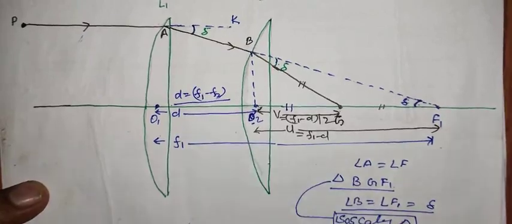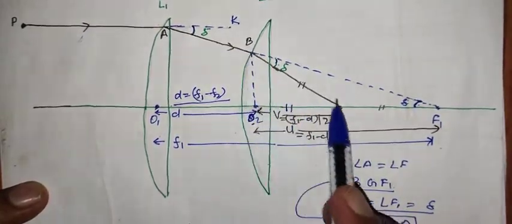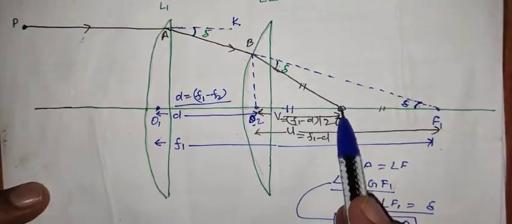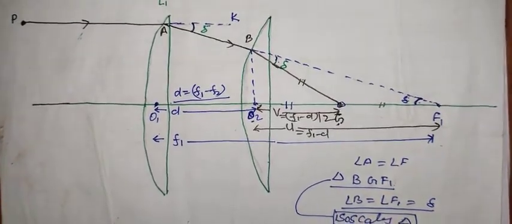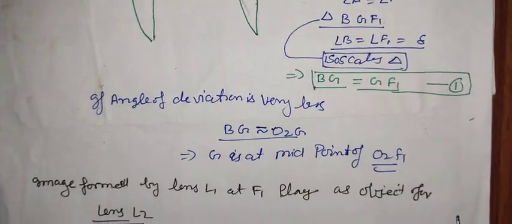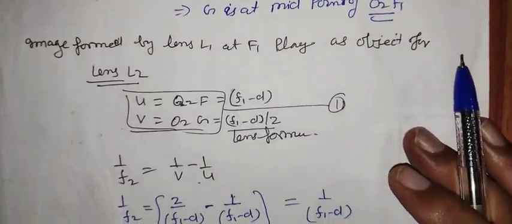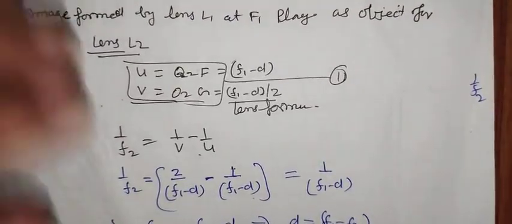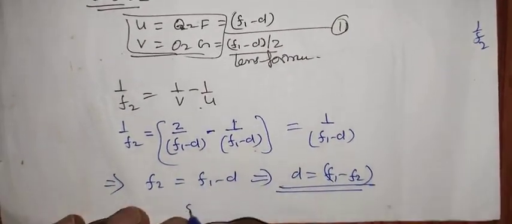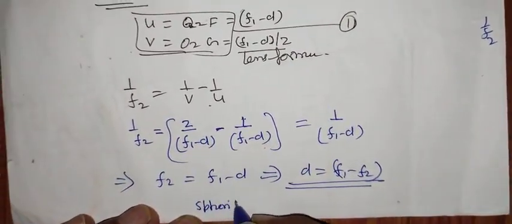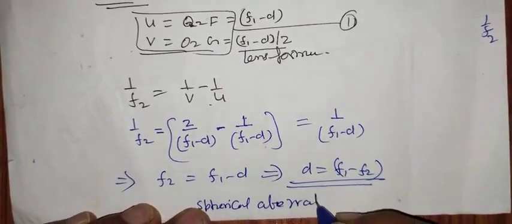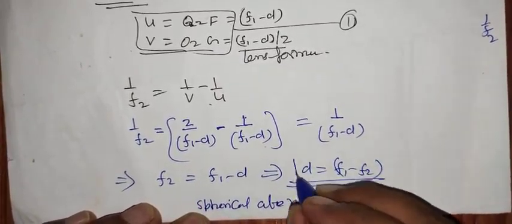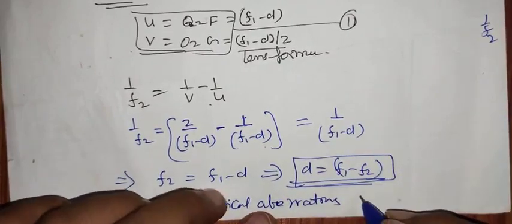If this satisfies the condition, then the final image is formed at a single point G. With the help of this, the spherical aberration can be brought to the zero position. So spherical aberration can be removed completely.